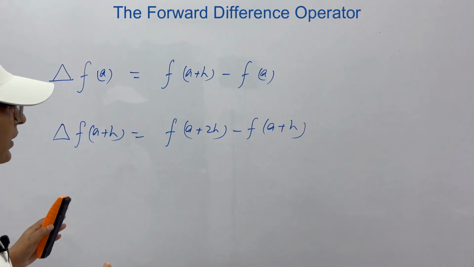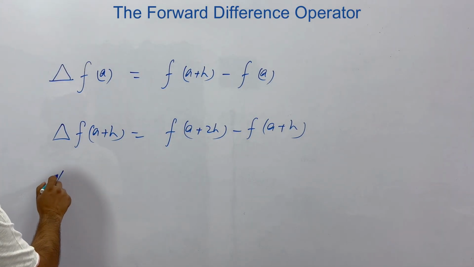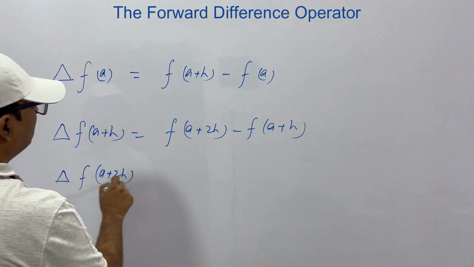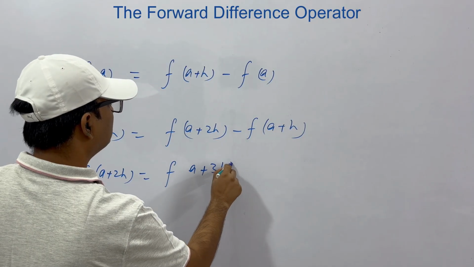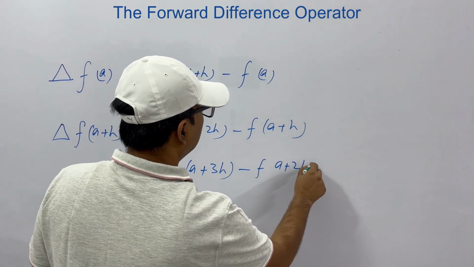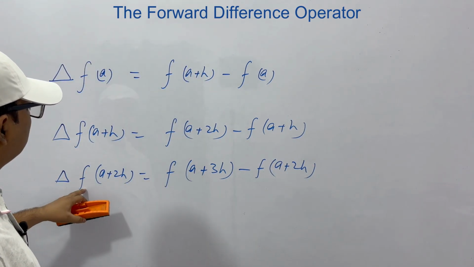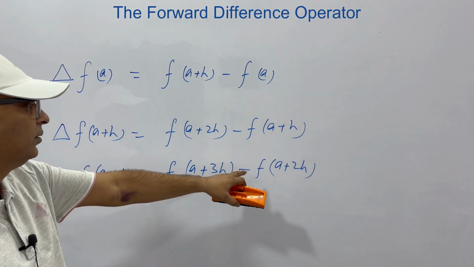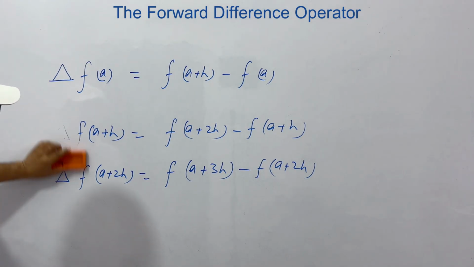I am just giving you a revision of what we have already learned. Similarly, del of f(a+2h) is f(a+3h) minus f(a+2h), and this goes on. If this is a+nh, this will be f(a+(n+1)h) minus f(a+nh). So this is the forward operator.